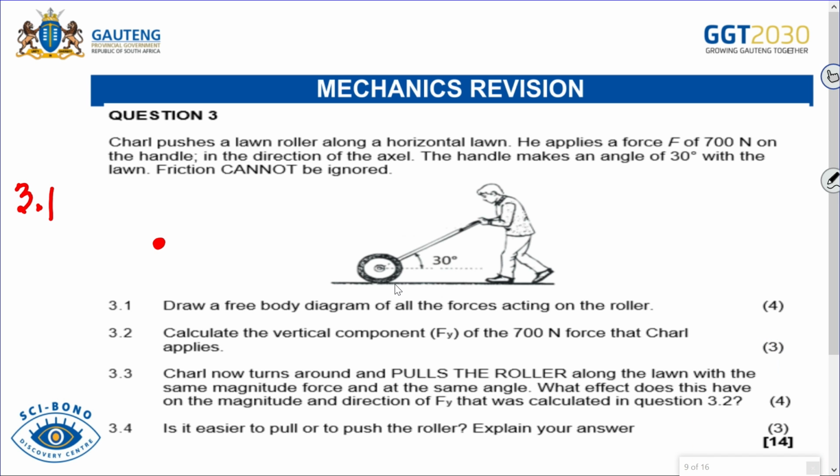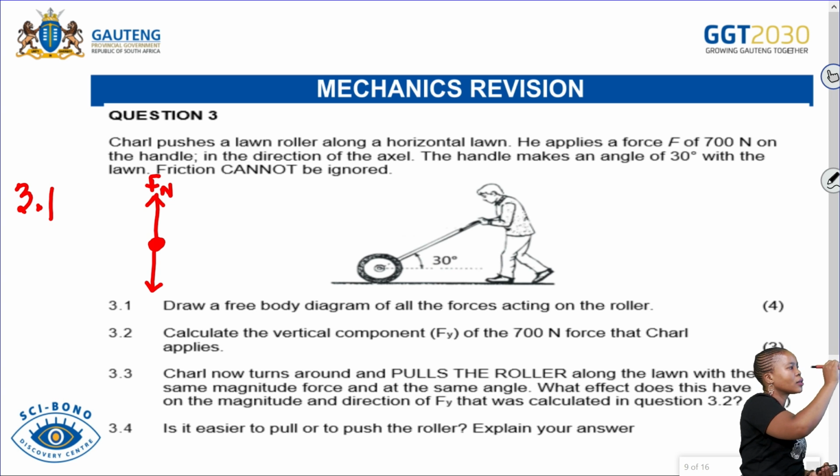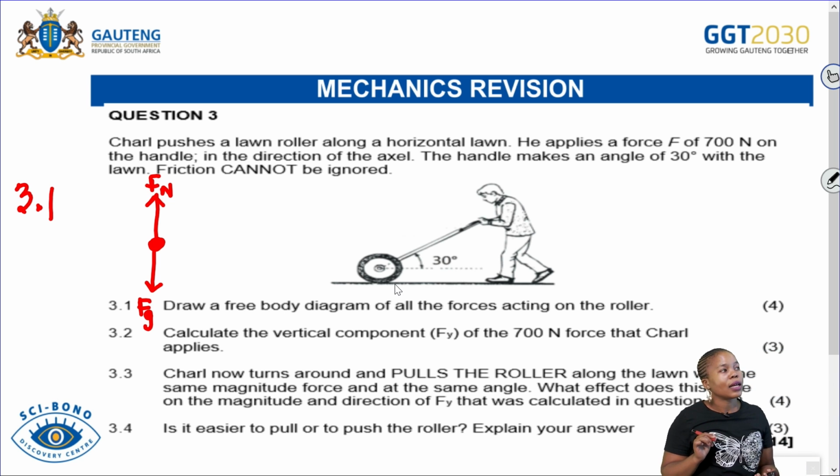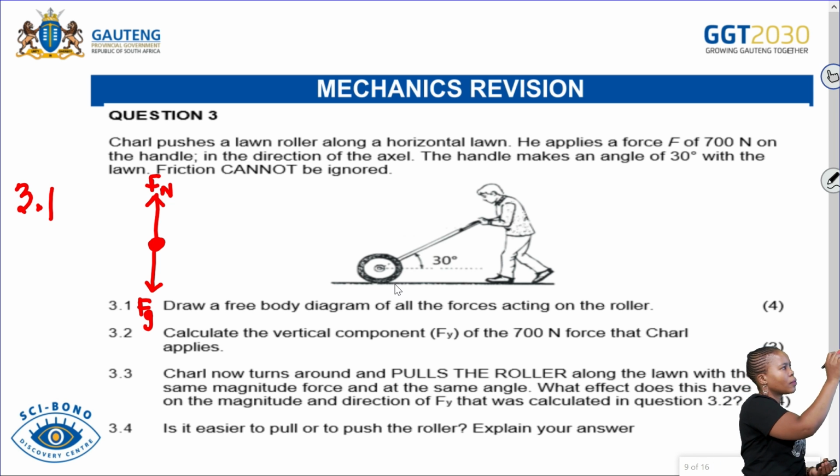So because there is a surface in here, there is my Fn, and then gravitational force. I'm going to increase my dot. Here's my Fg. Charles at an angle of 30 degrees, so it has to be away from.